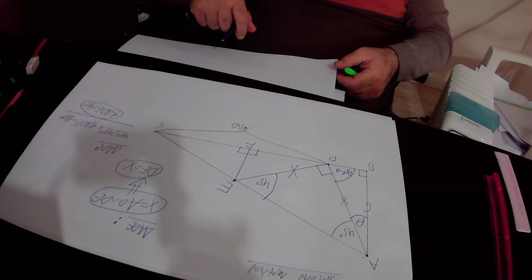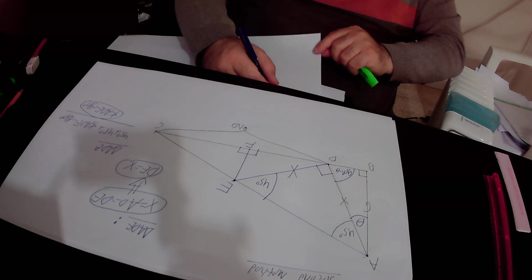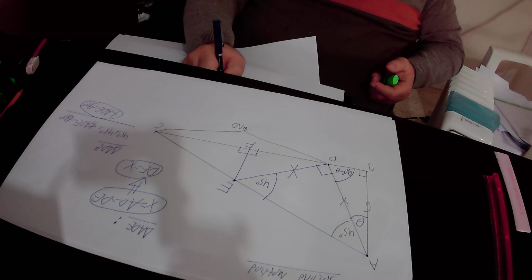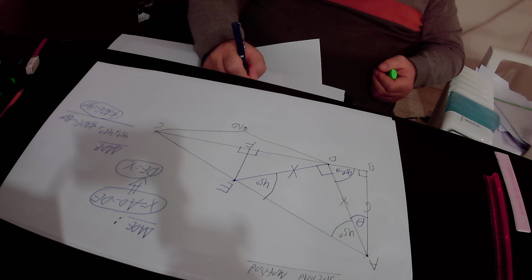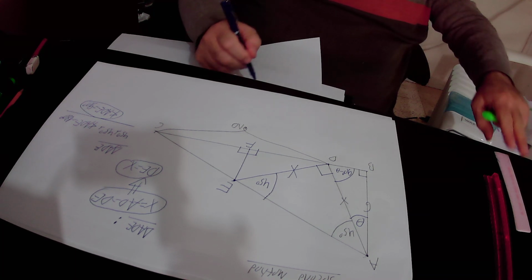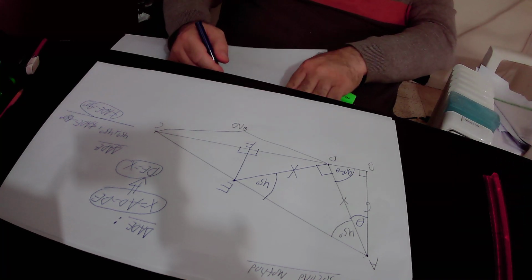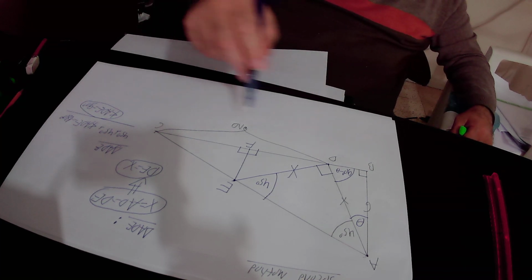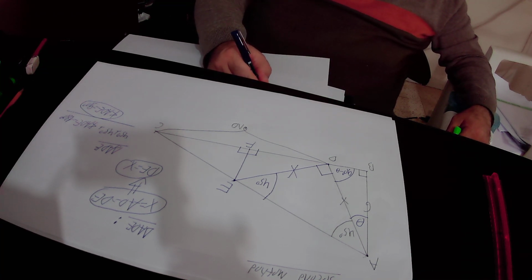So if we focus on the upper side of the straight line BC, point D, then the sum of the angles on the upper side of the straight line BC at point D must be equal to 180 degrees. So which angles do we have on the upper side of the straight line BC at point D? We have one angle that is equal to 90 degrees minus theta.